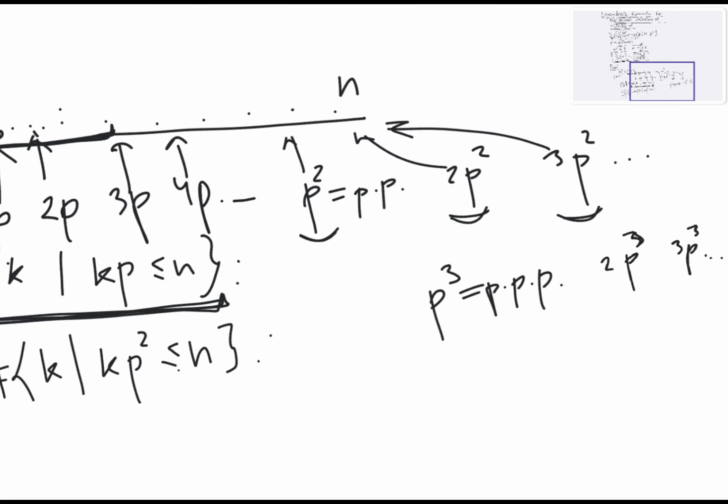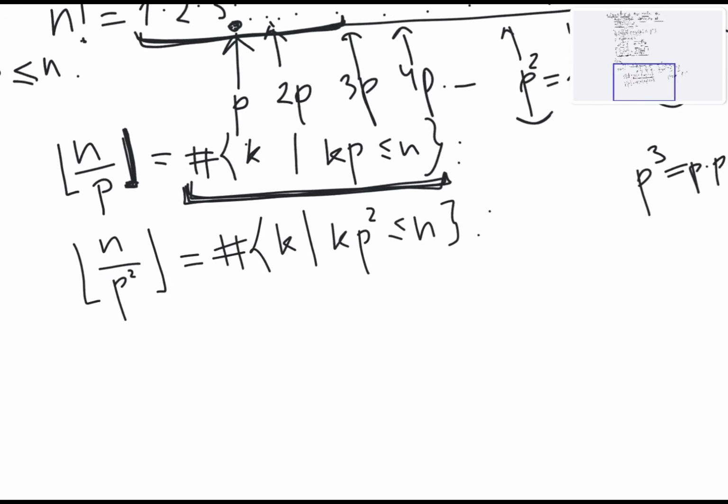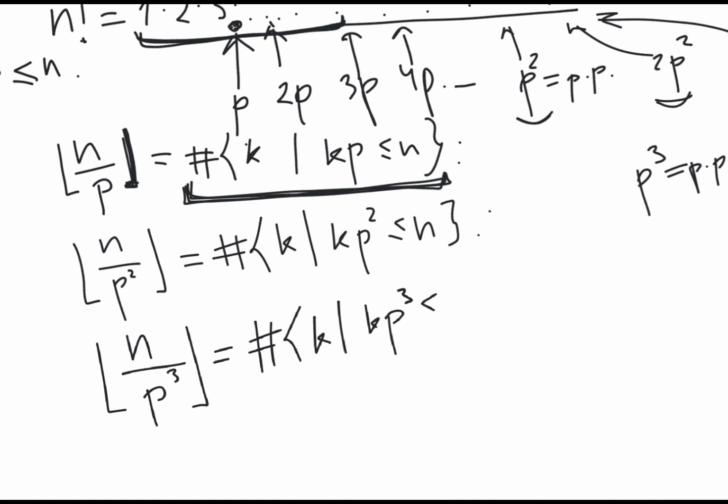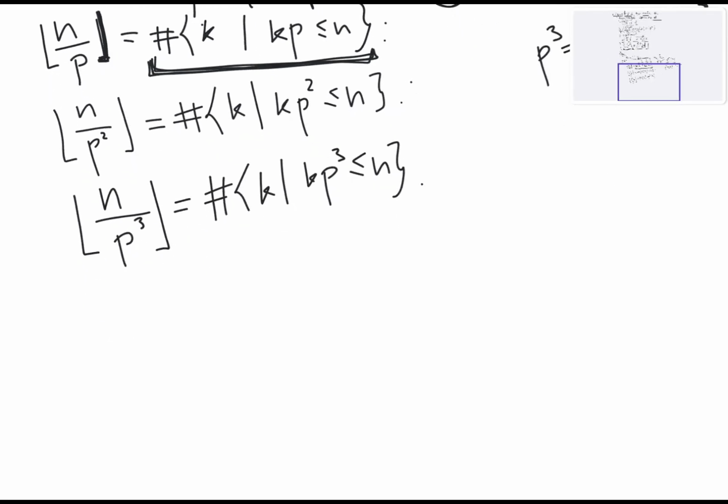So we need to add one more for the multiples of p cubed. This is the number of k such that kp cubed is less than or equal to n. And we continue this indefinitely.